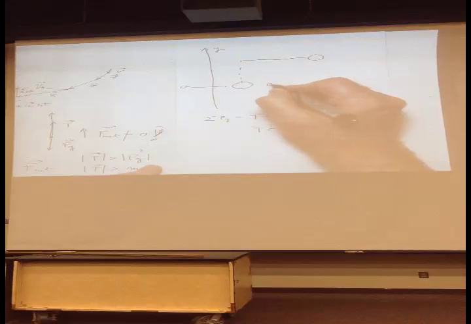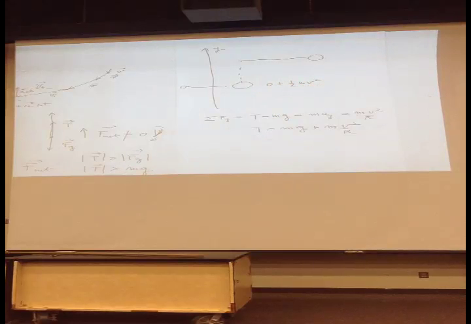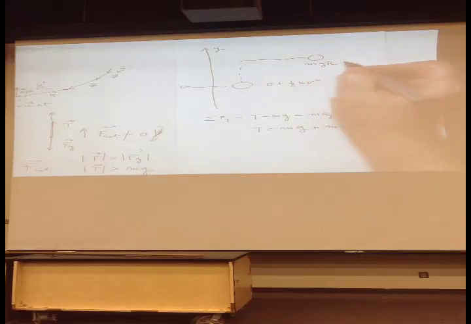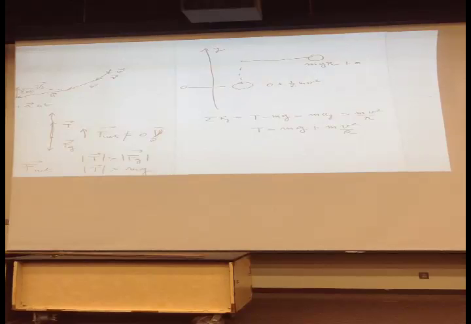So 0 plus 1/2 mv squared, this will be potential plus kinetic. And up here, I have mgr, because the height is just the radius when it's horizontal. And it's coming from rest, so the kinetic is 0.